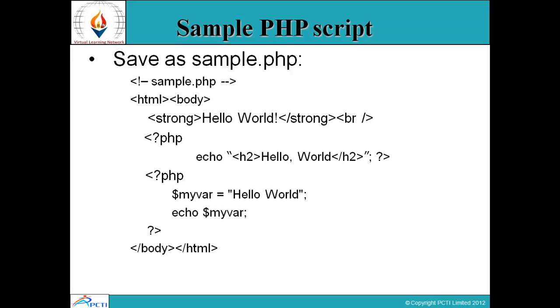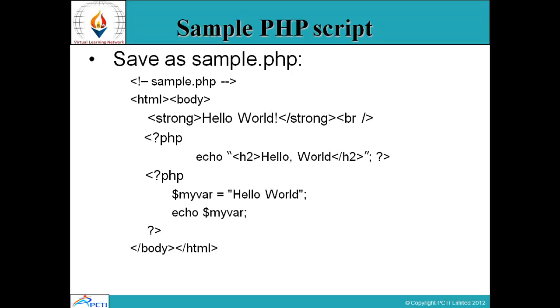In this way you are able to write a small simple program in PHP, because it is very easy to create a program in PHP. You are already aware of the HTML tag, body tag, head tag, title tag, strong tag, and BR tag. Echo is a keyword that is used to display things.